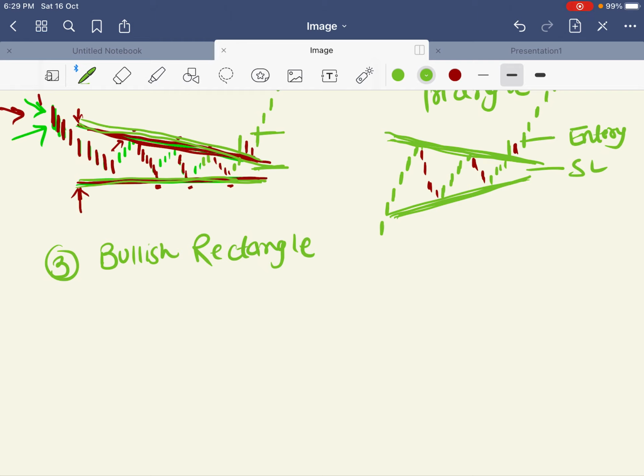Let me give you a drawing idea. It is like this, the rectangle type. How to identify it? The same as in the case of the symmetrical triangle, the trend previously enters this rectangle in a bullish way, like this, entering from this side.